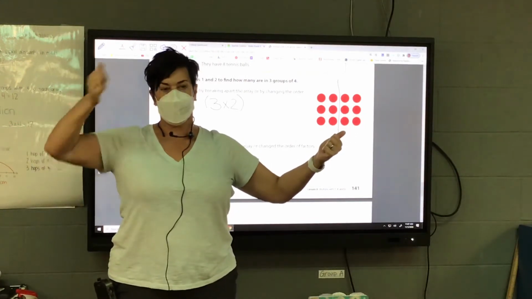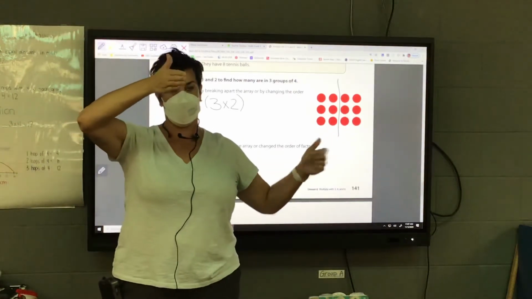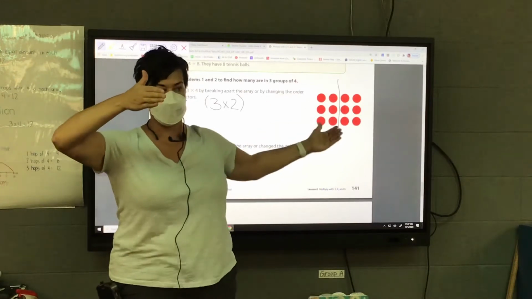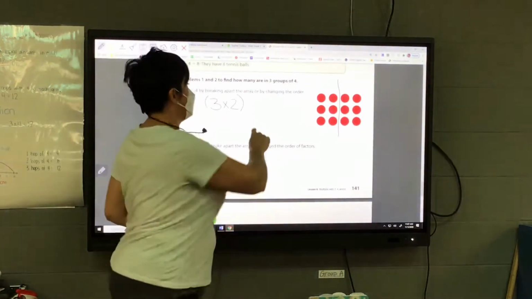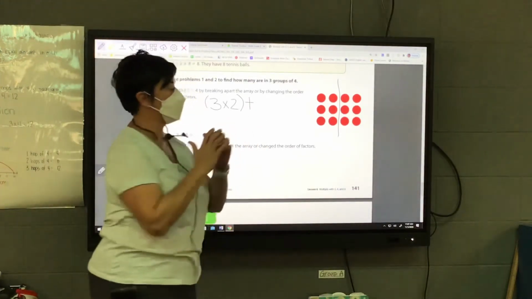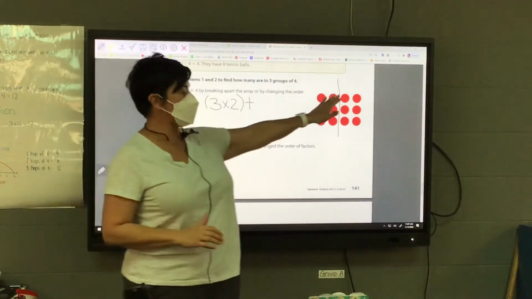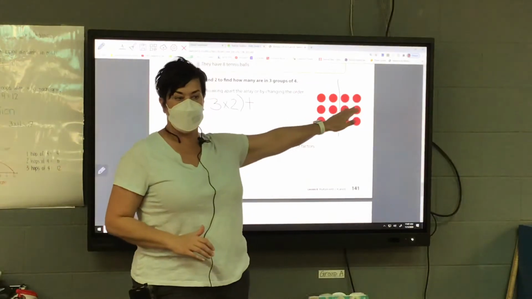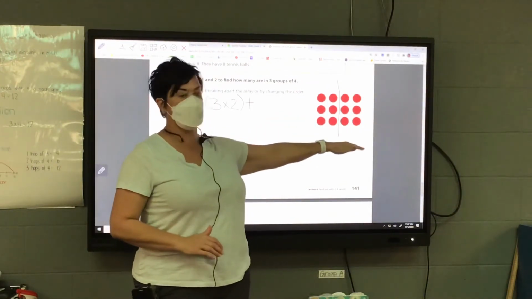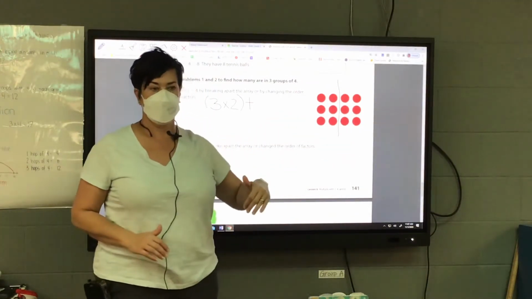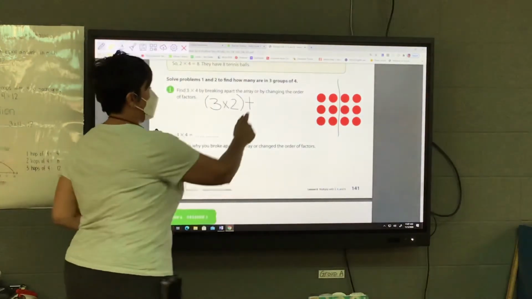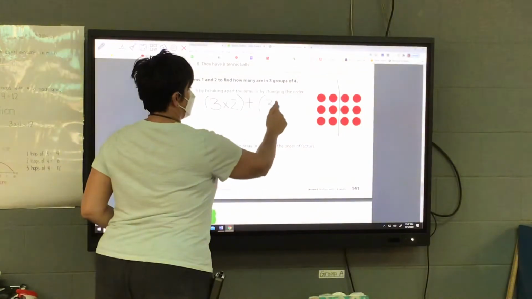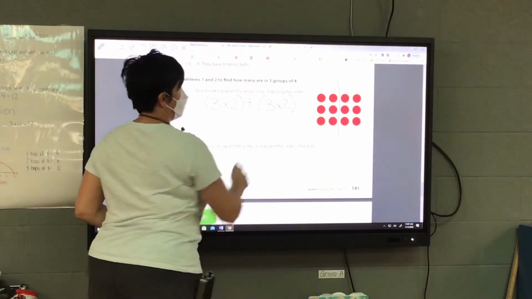What do we have to put between our 2 expressions? An addition sign, because we're going to have to put them back together. But let's look at this side of the array. How many rows are over there? 3. And how many are in each row? 2. So it's the same expression on that side.